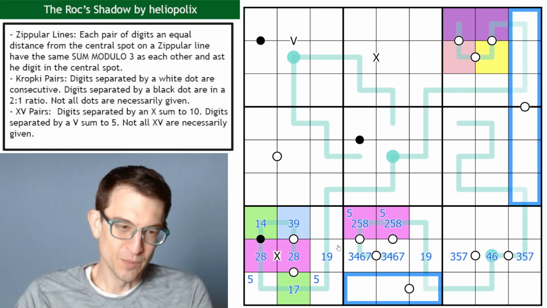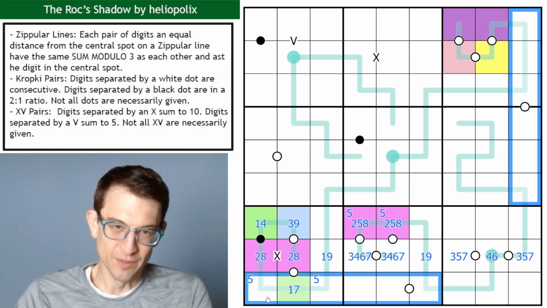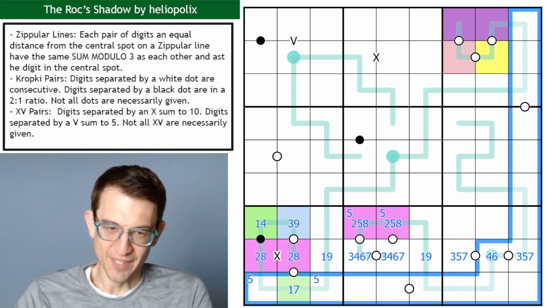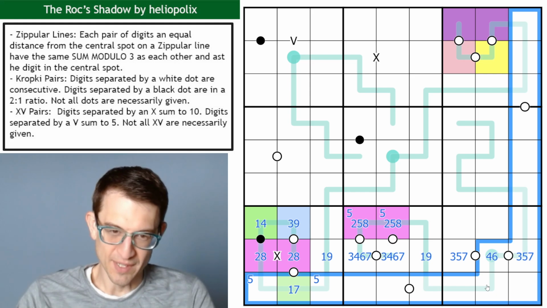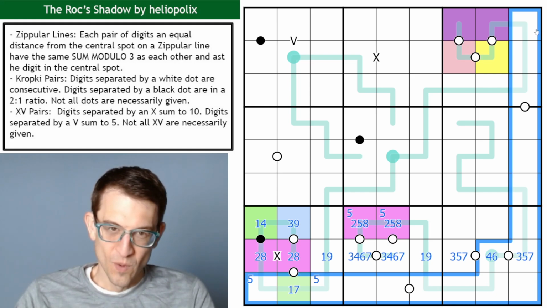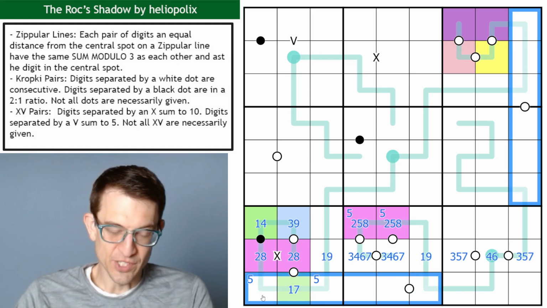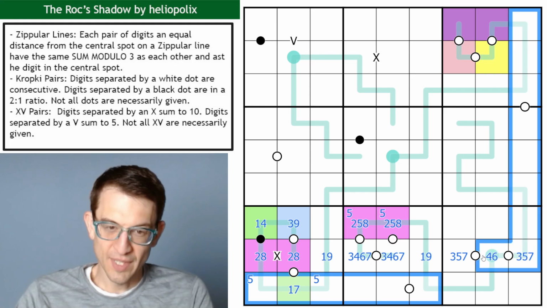But these also, when combined, have a modular sum of 0. I feel like we're close to something here, but I can't quite see it. So these 6 digits have a modular sum of 0. These digits all have a modular sum of 0.